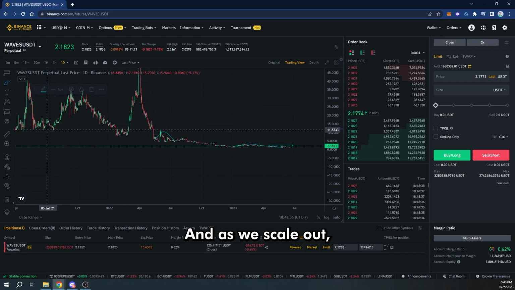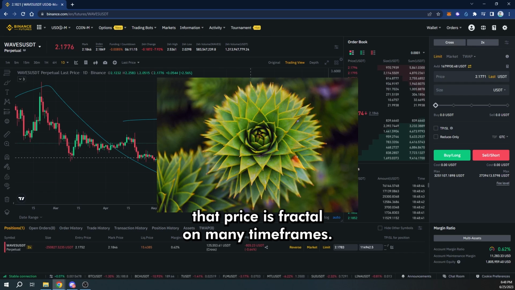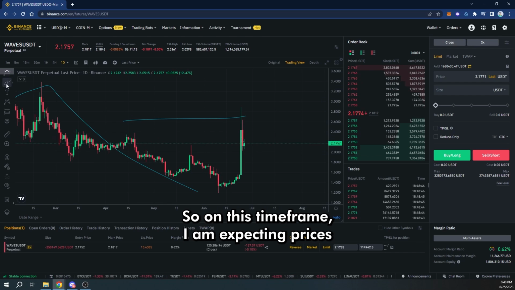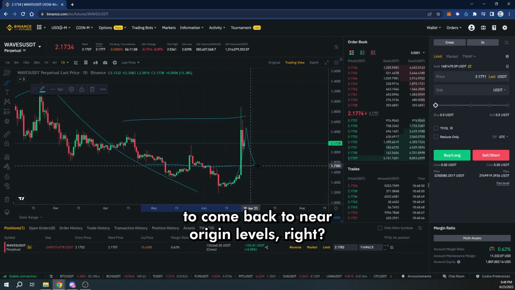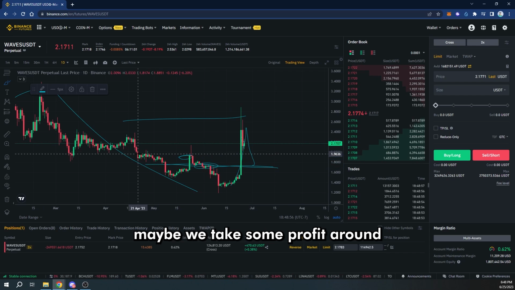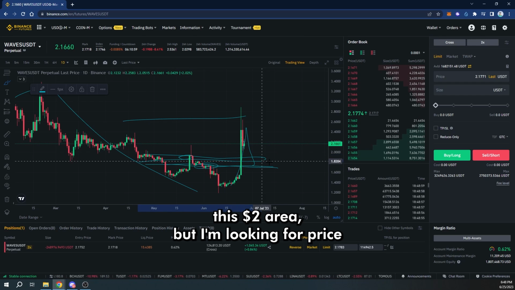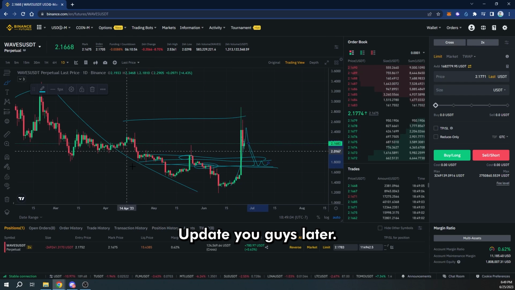And as we scale out, you're starting to see more and more of that, okay? I truly believe that price is fractal on many time frames. So on this time frame, I am expecting prices to come back to near origin levels, right? So maybe 170, maybe we take some profit around this $2 area, but I'm looking for price to ultimately reject back down here. Okay, I'll update you guys later.